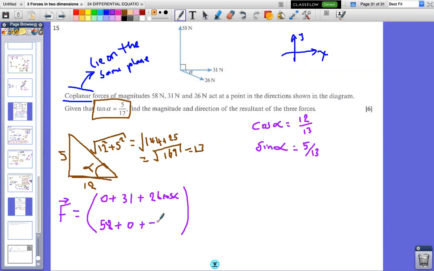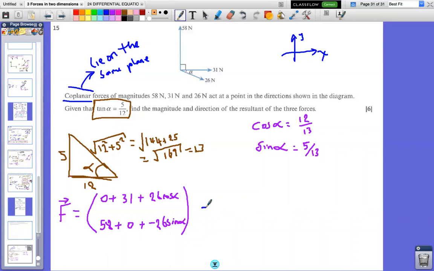So it's negative 26 sine alpha. Right? Right, Sod? Do you confirm this?